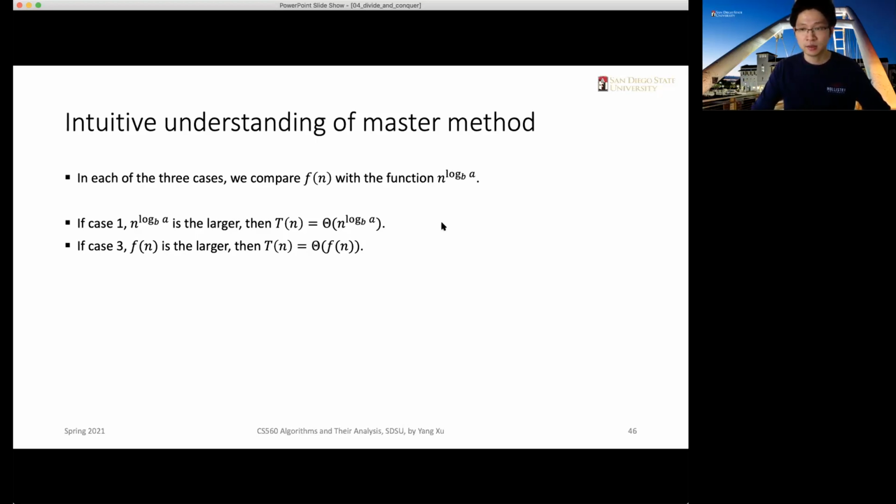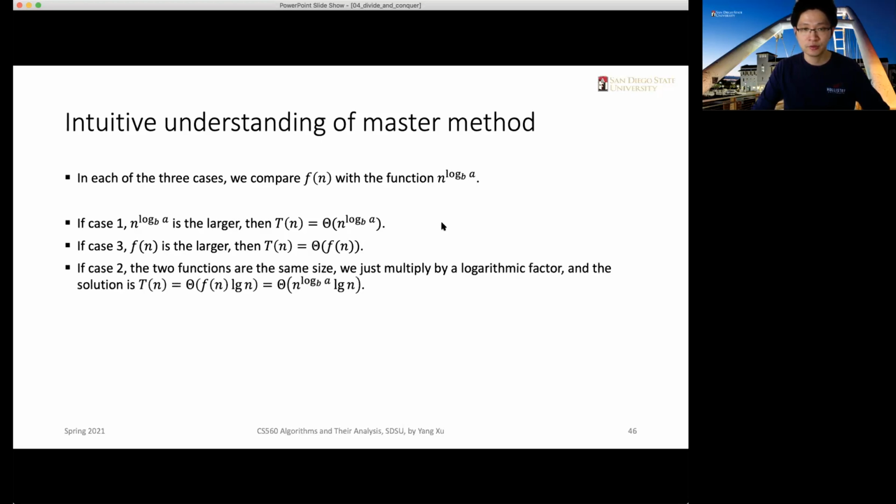And the second condition says that the polynomial function and f of n have equal growth order, equal growth speed. Then the solution is either one, since these two big thetas have the same meaning. So we just use either f of n or the polynomial term times some logarithm term.